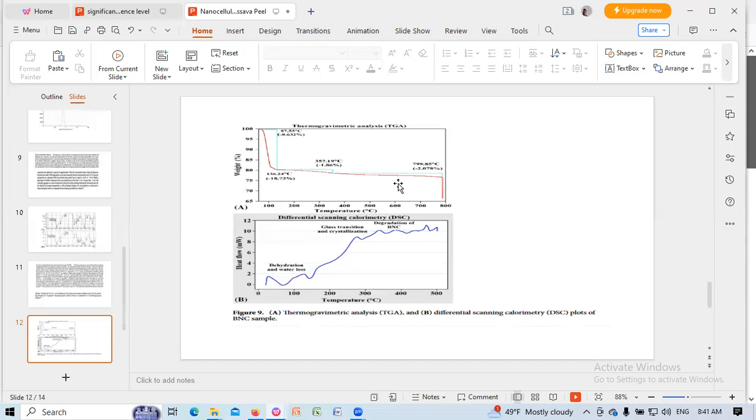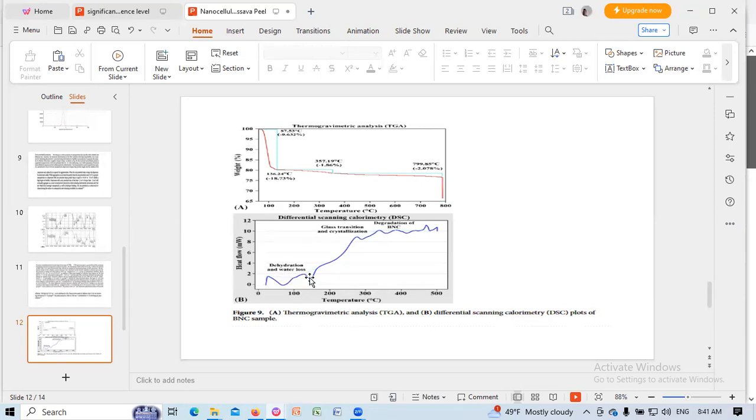In the DSC analysis, differential scanning calorimetry, 68.18 degrees Celsius is the thermal effect of dehydration and water loss from the sample. 289.46 degrees Celsius is the glass transition and crystallization.